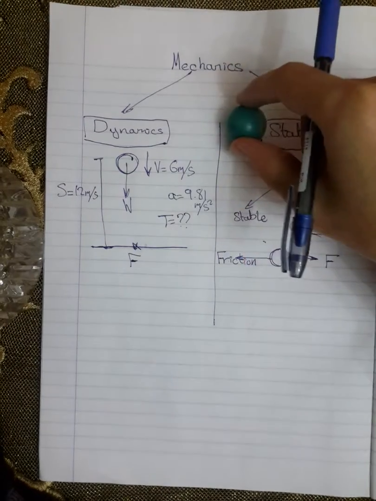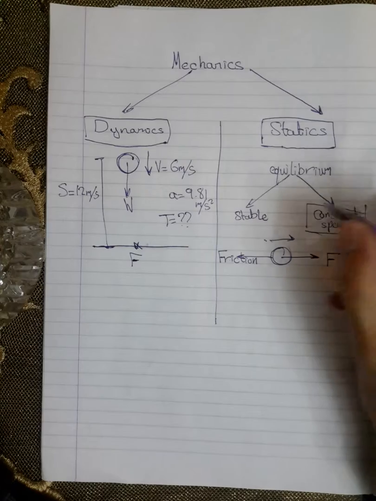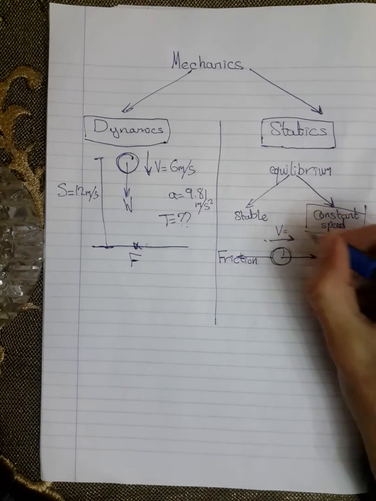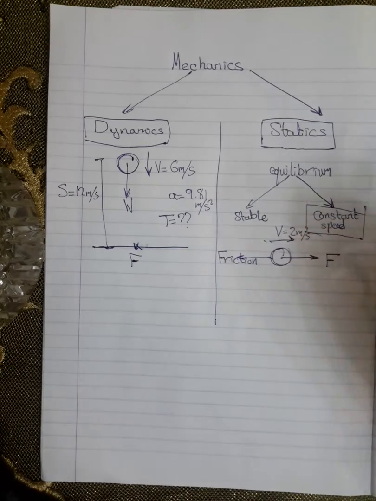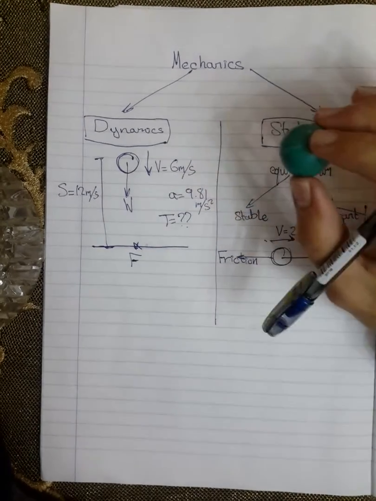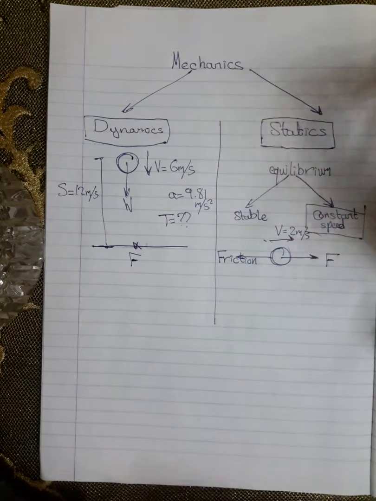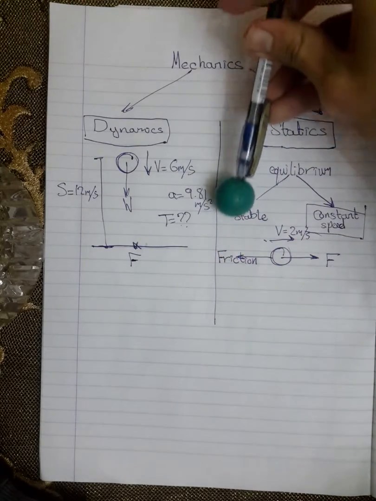So the ball starts gaining speed. Now the ball has speed, like velocity equal, let's say, 2 meters per second. Now the friction has increased to equalize the force I produced to let the ball move.